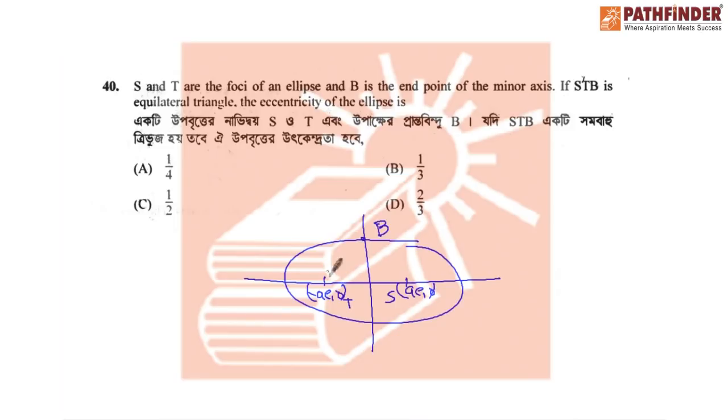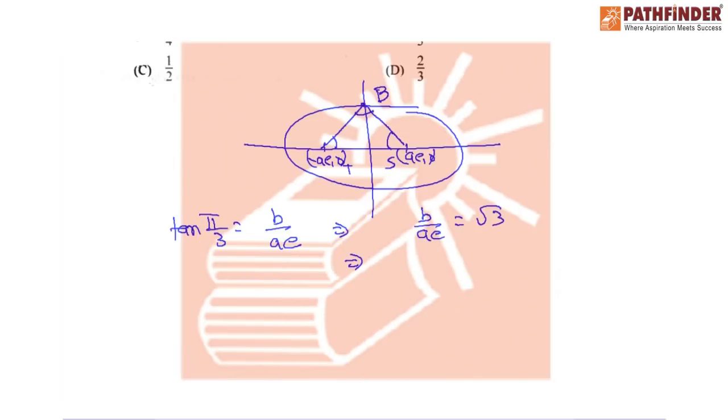If STB is an equilateral triangle, means the angles must be pi by 3, pi by 3, pi by 3. So tan pi by 3 is equal to B upon AE, or B by AE is equal to root 3, or B square is equal to 3A square E square.